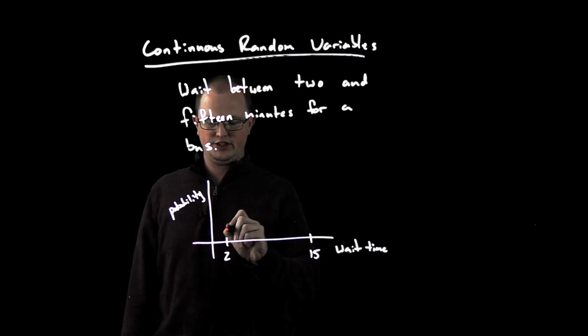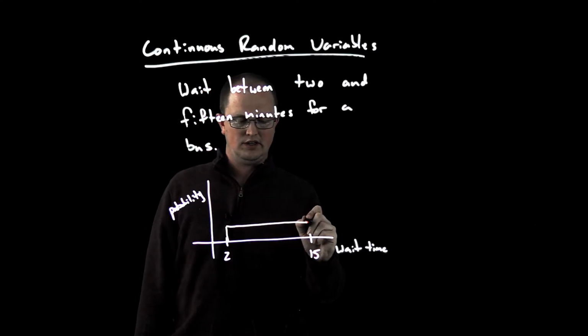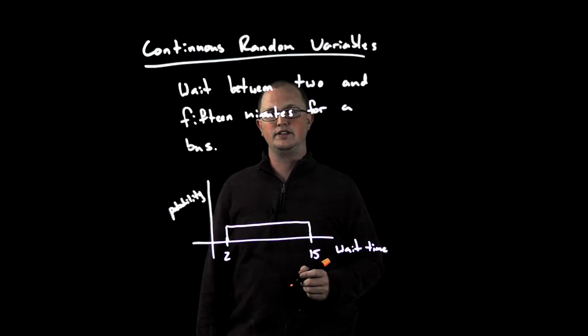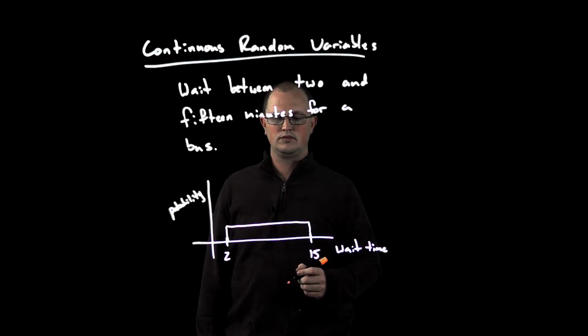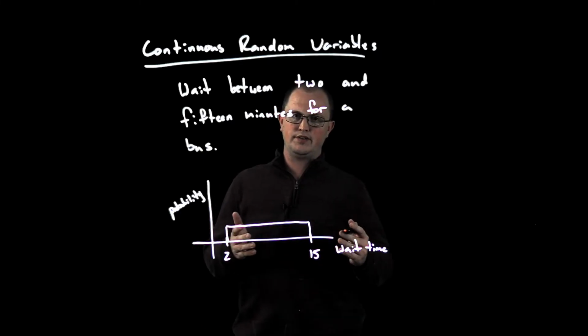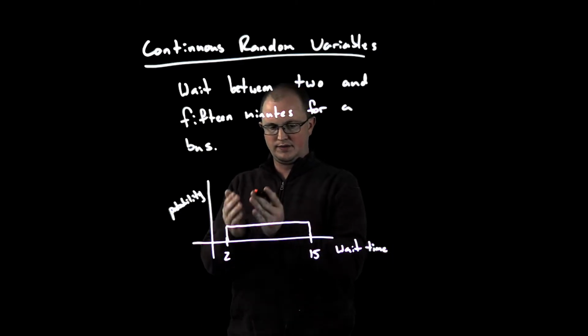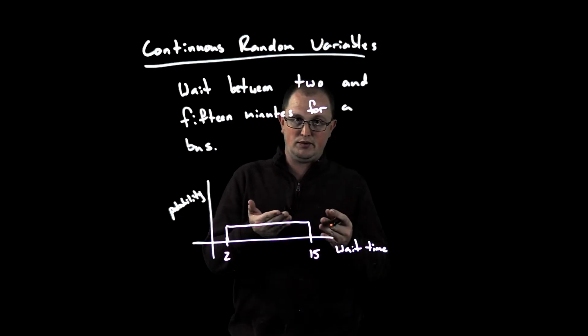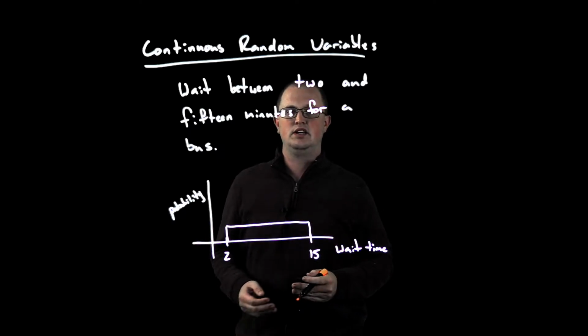So then imagine that we can represent the likelihood of these outcomes as a box of uniform height. And so with discrete random variables, we would say, okay, let's take all the outcomes between 2 and 15 and assign it a probability. And that's just the probability of that happening.